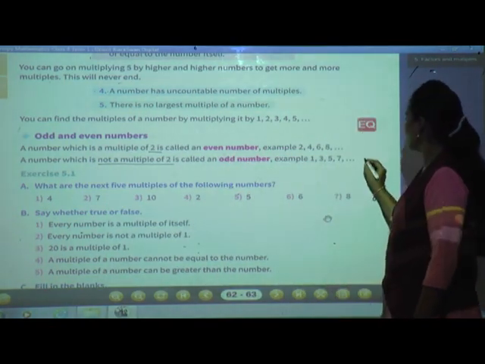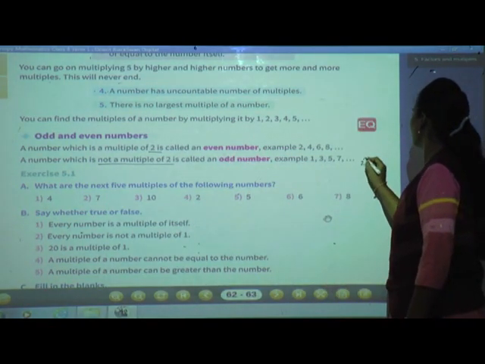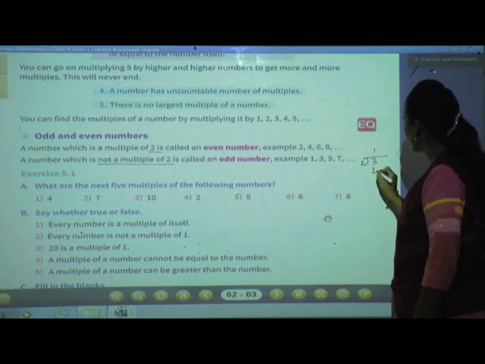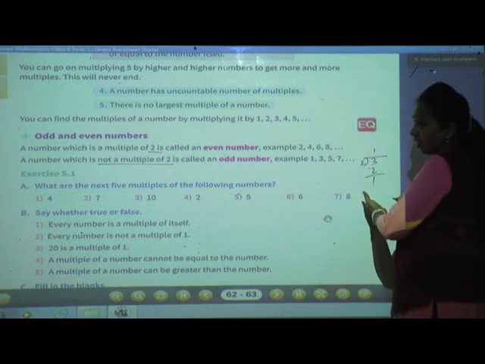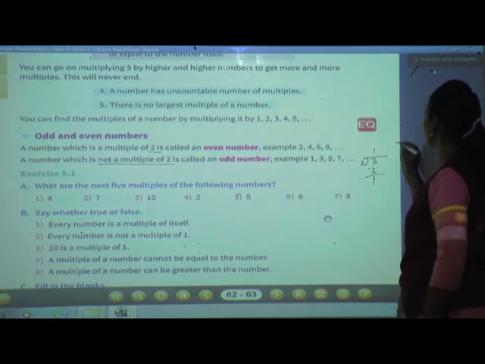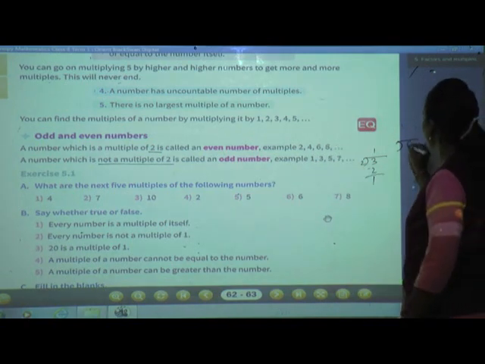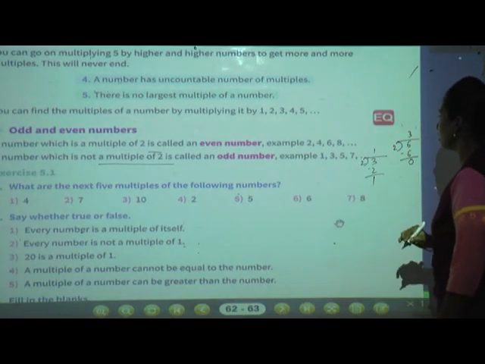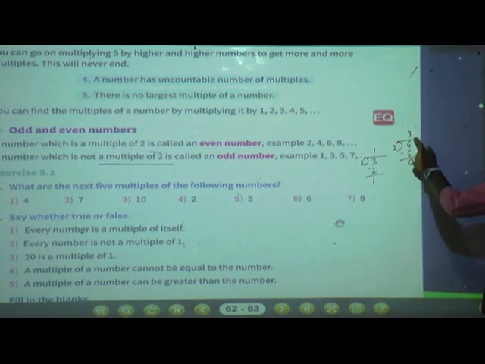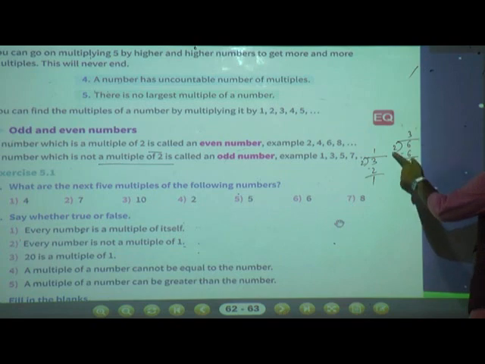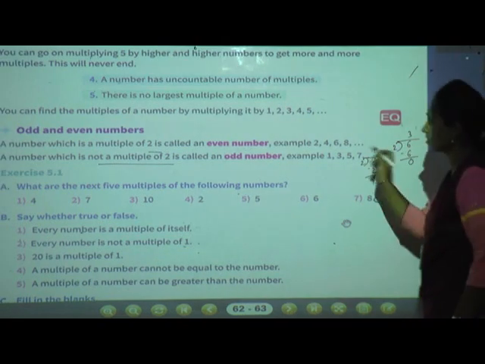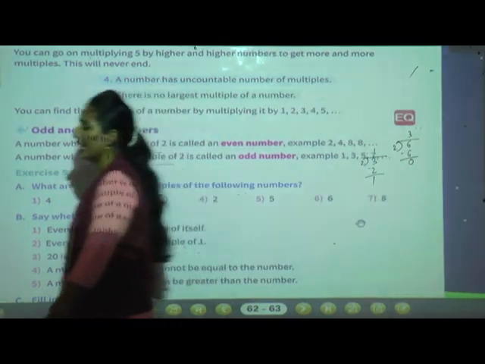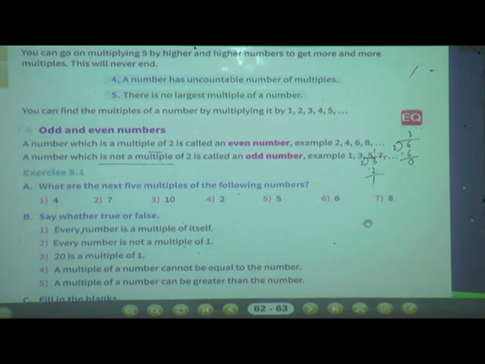Why? See, for example 3. We can multiply, 2 ones are 2, but a remainder is remaining. So whenever we multiply with 2, with any number, for example 6, 2 threes are 6. The remainder is 0. So we can multiply fully with 2. So that is why 6 is an even number and 3 is an odd number.